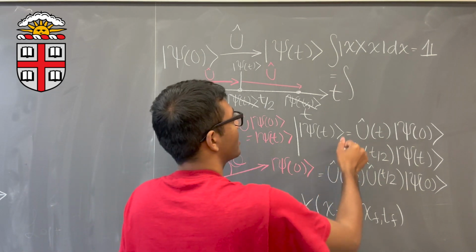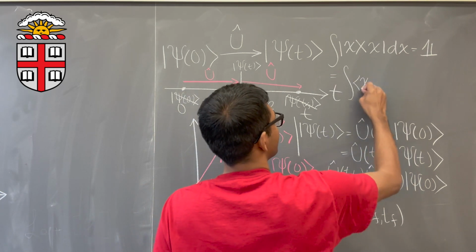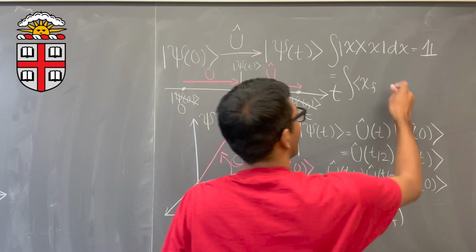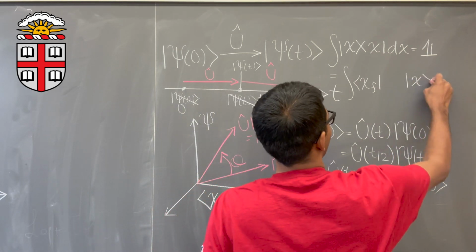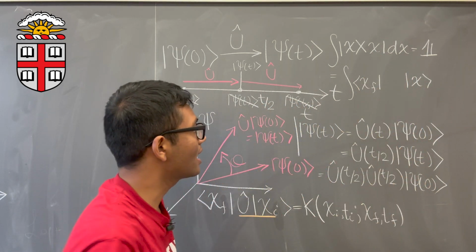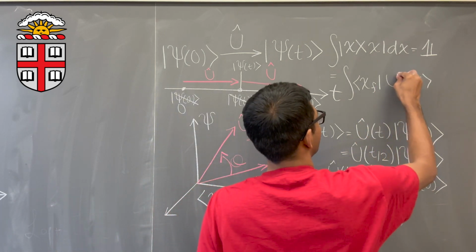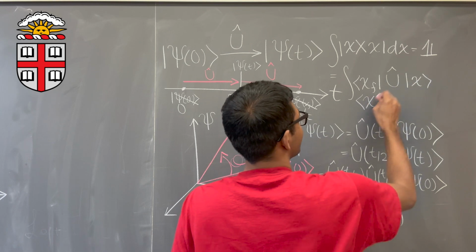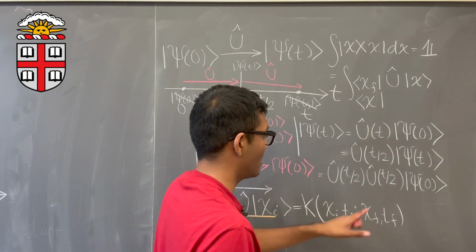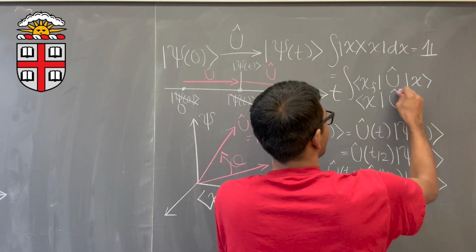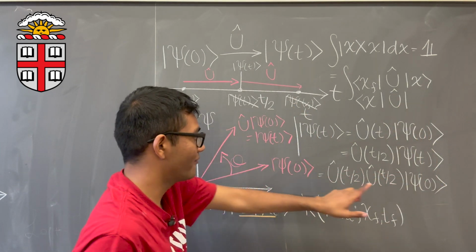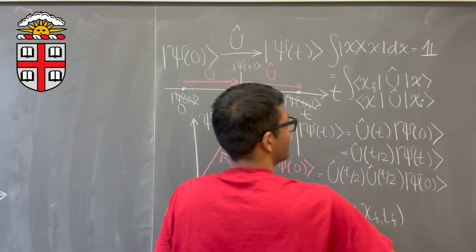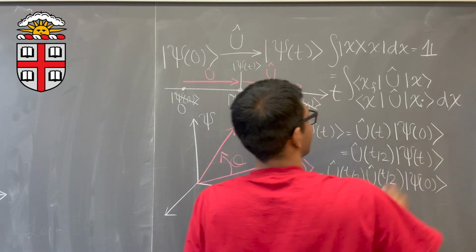That's one part of my propagator. So I have x sub f on one side, and then I'm going to have this x over here, and in the middle I'll have my time evolution operator. Okay, and then I'll have the same thing, but now x, which is coming in from this bra, and then my time evolution operator once more, and then I have my initial position, x sub i dx.